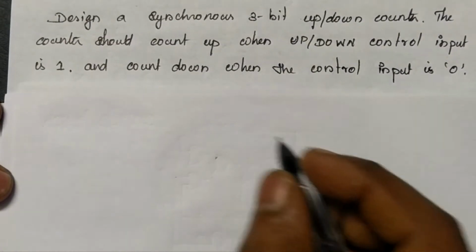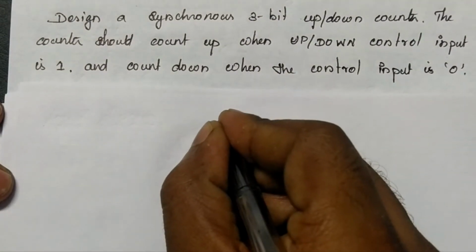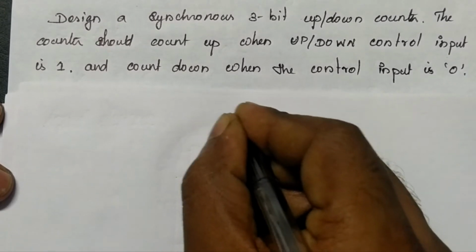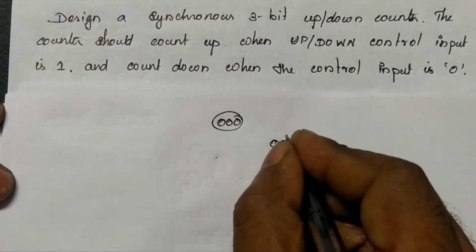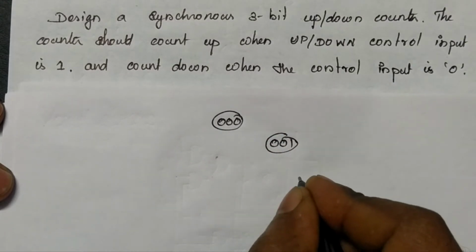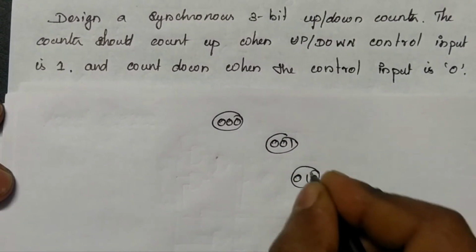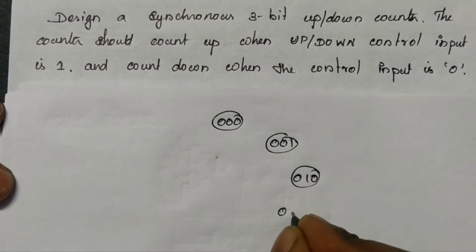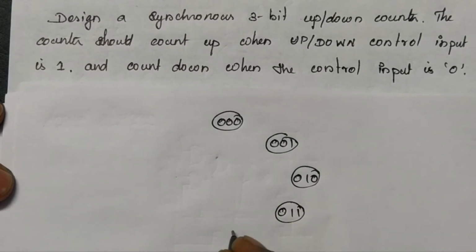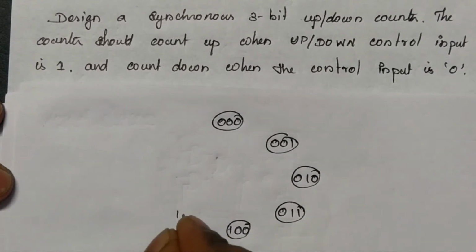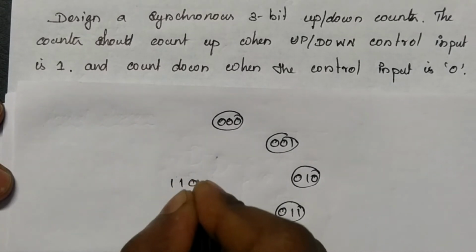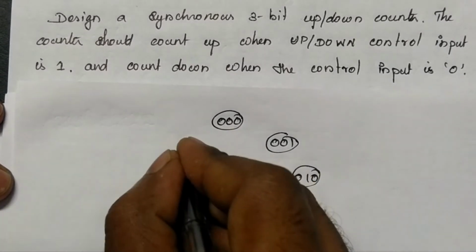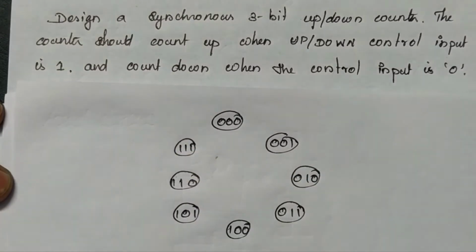So here it's a 3-bit counter, therefore the values are, first one is 0 0 0 and its next state is 0 0 1, next one 0 1 0, next one 0 1 1, next one 1 0 0, next one 1 0 1, next one 1 1 0, next one 1 1 1.